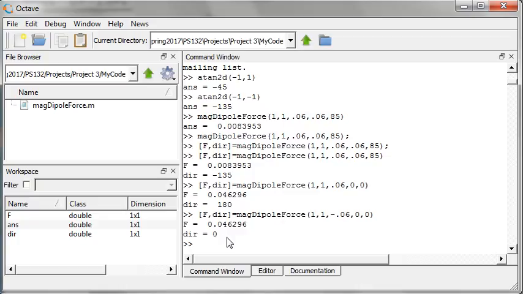I would expect it to be weaker than this end-to-end business, so let's try that and see if that makes sense. I'll put it just above, so I'll put that at 0.06, same distance, and I've got it pointing in the same direction as the other one, 1, 1. Seems like I don't have enough arguments there anymore.